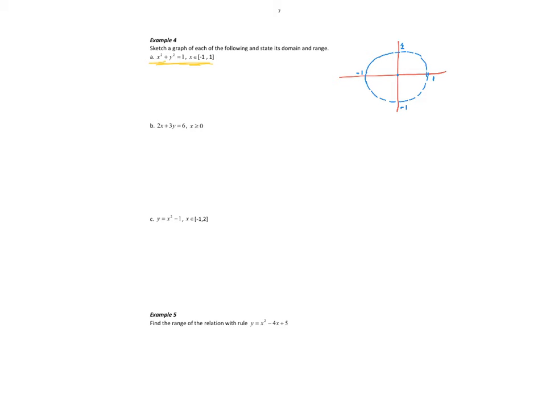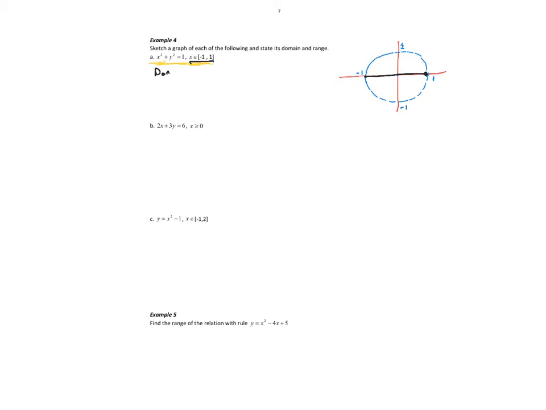Okay, so if I look at this graph here, I'll use black to represent my domain. The domain is all the x values. So all the x values for this particular graph go from -1 across to 1. In fact, that's what we're told here.